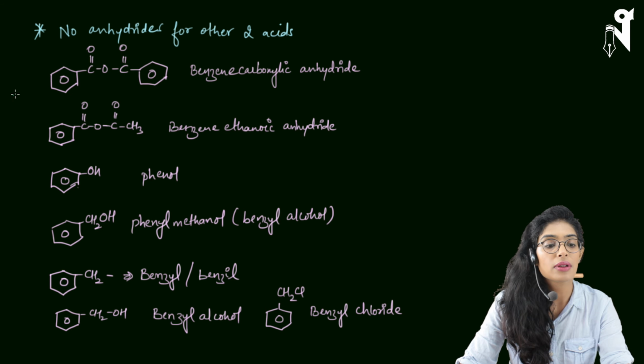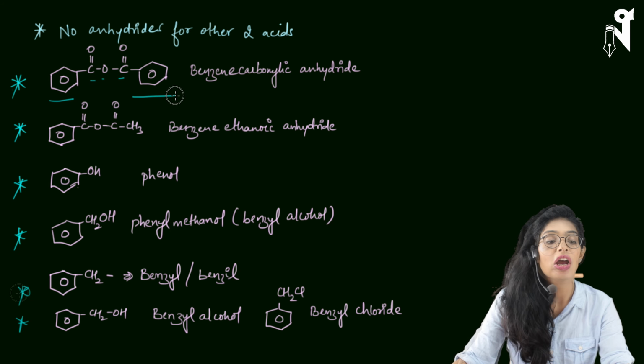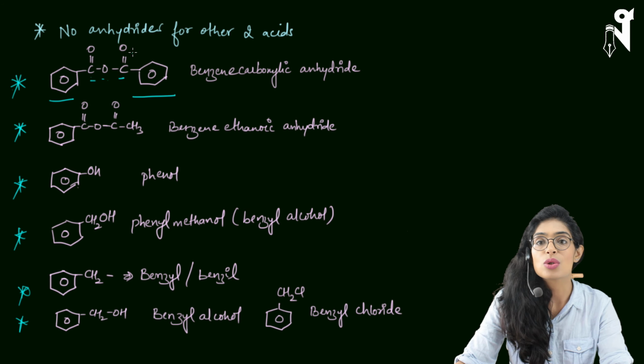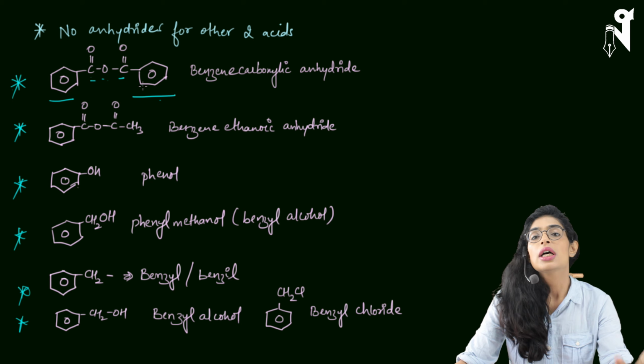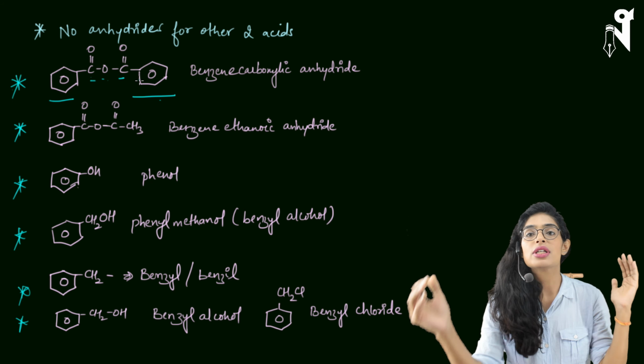Now next, let's talk about the next set of benzene-based compounds. Here we have benzene COOCO benzene, which is basically an anhydride. That anhydride would have formed when two benzoic acids are heated up together.